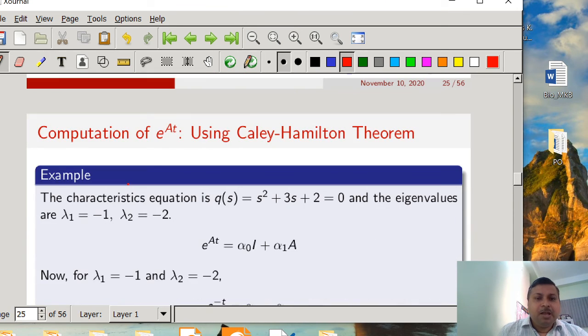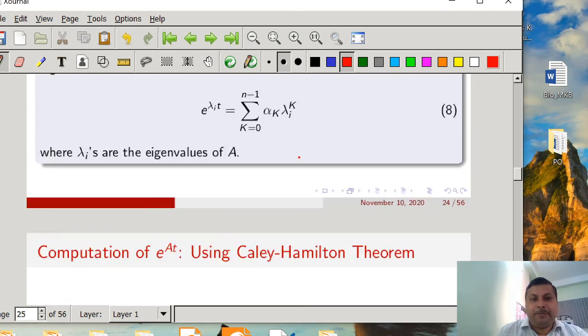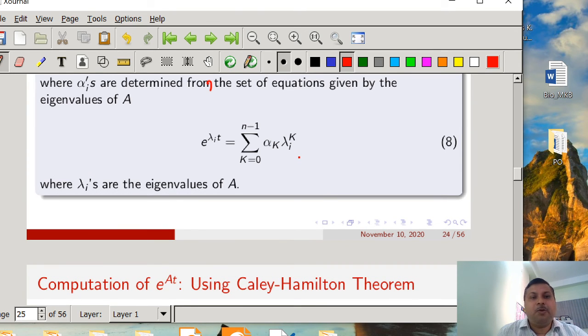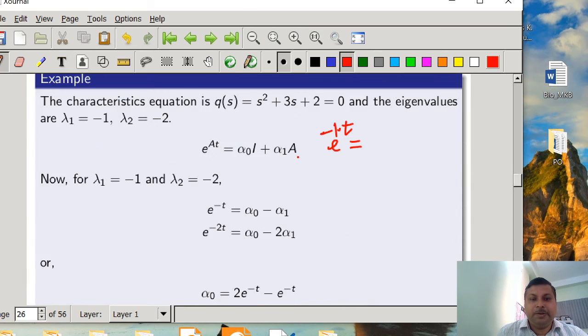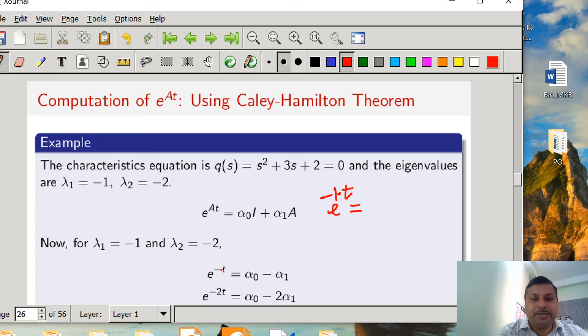So we have computed the characteristic equation, s square plus 3s plus 2, and the eigenvalues are minus 1 and minus 2. Now, according to the formula, using equation number 8 for lambda 1 equal to minus 1, e to the power minus t will be alpha 0 minus alpha 1.